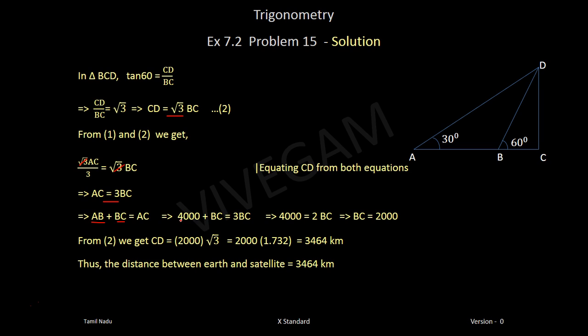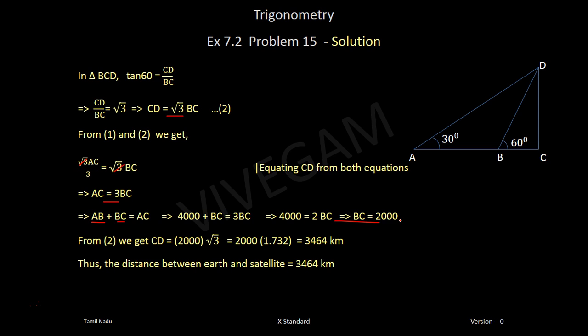So this becomes 4000 plus BC equal to AC, but we know AC is 3 BC, right? So substitute that here. So you will get 3 BC, then BC goes to the other side, it becomes 2 BC. So 2 BC will be equal to 4000 and BC is equal to 2000.